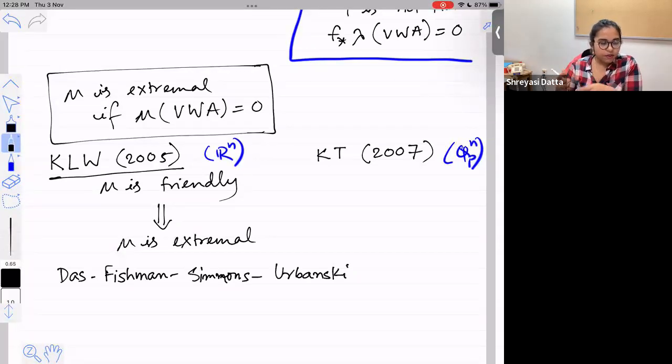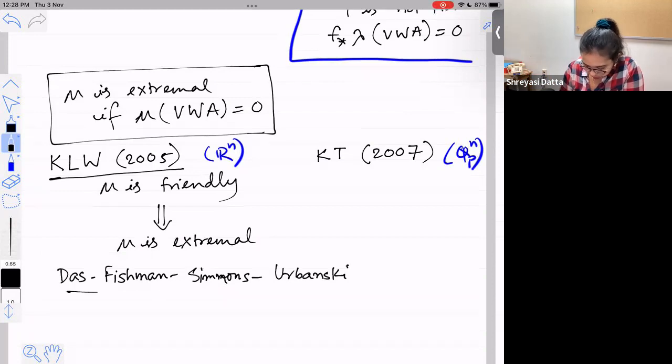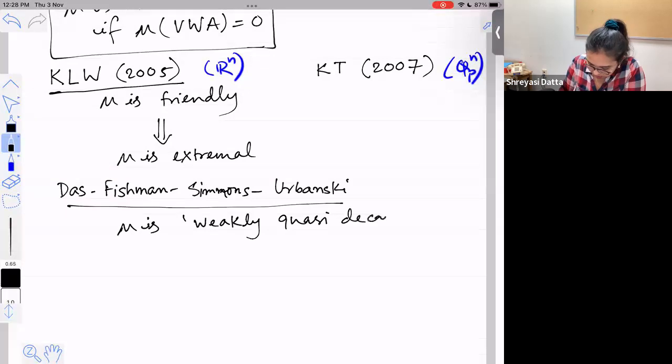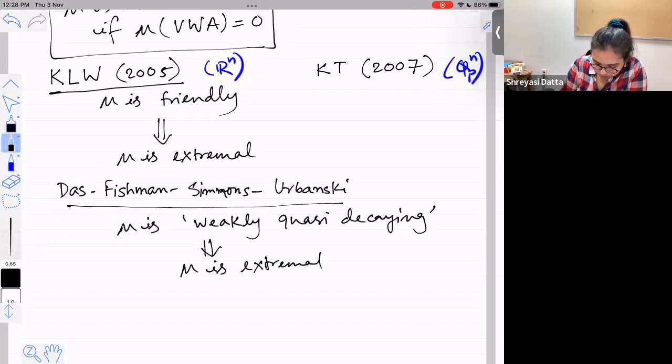So they defined a weaker kind of measures for which also they can say that they are extremal. So it's a larger class of measures. They call it weakly quasi-decaying. I'm not going to define it, but just for the record, I'm going to write it down. So mu is weakly quasi-decaying, and this is for R^n.